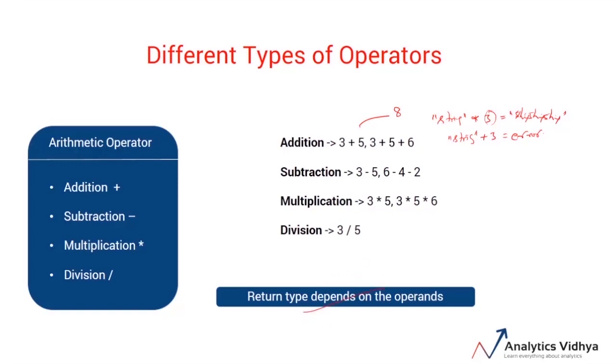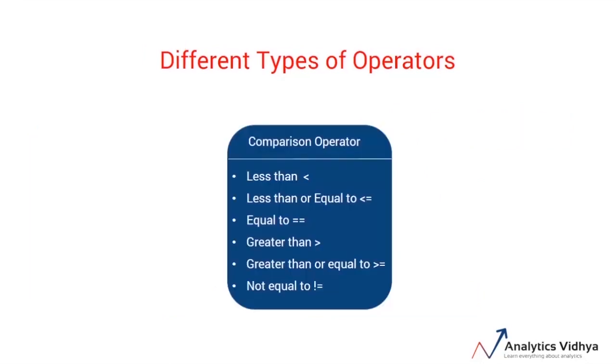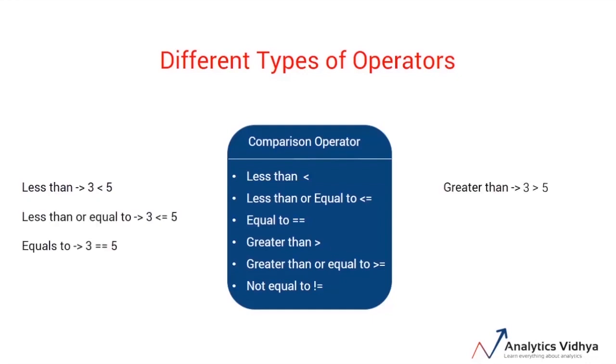Now let's move on to another type of operators, that is comparison operators. There are different kinds of comparison operators, like less than, less than or equal to, equal to, greater than or equal to, and not equal to. Basically, these comparison operators return an output based on one of these operators.